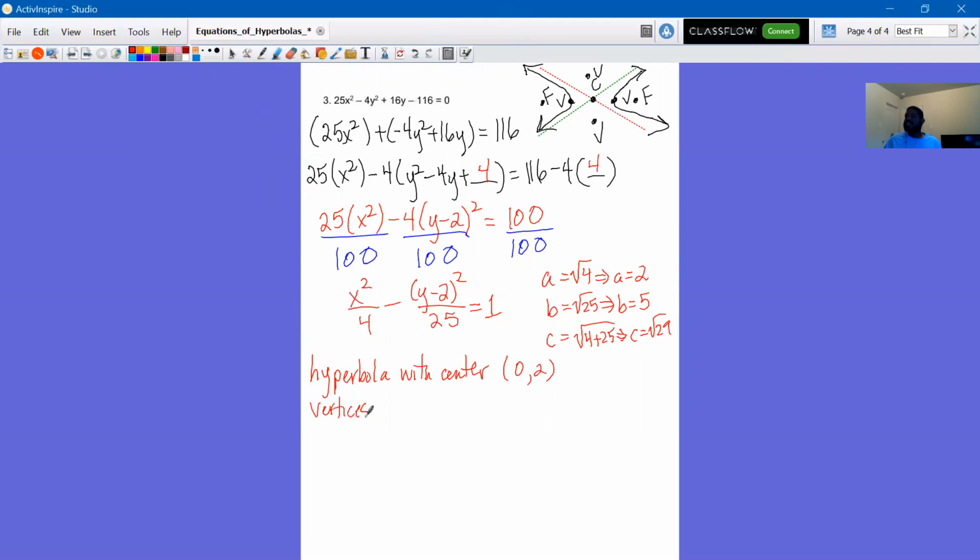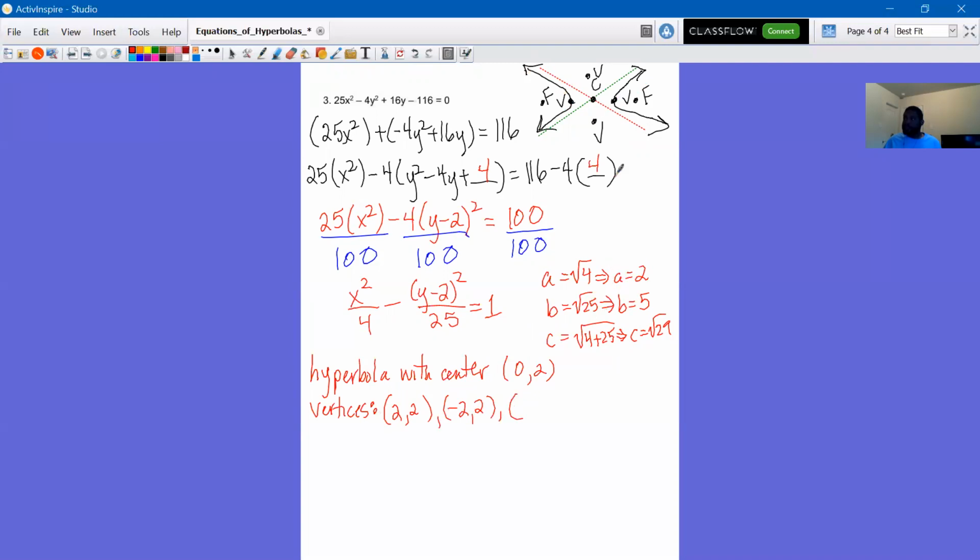Vertices: again, be careful on who you add and subtract a from, and be careful who you add and subtract b from. Look at your hyperbola; it's open left and right. So we have to add a to the x of the center, which is 2, 2. We're also going to subtract a from the x coordinate of the center, which is negative 2, 2.